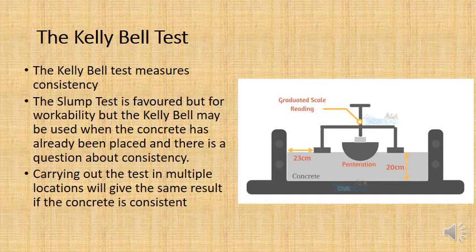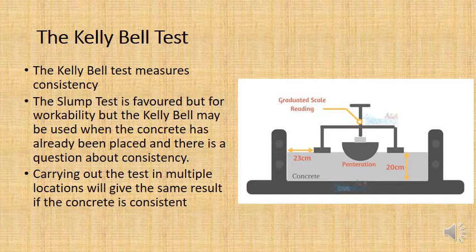And the apparatus is a big mallet, if you like, a big heavy weight. And you lift this weight up to, I think, 15 centimeters is the standard apparatus, and you let it go. And you try to measure how much the big heavy iron head will sink into the concrete.